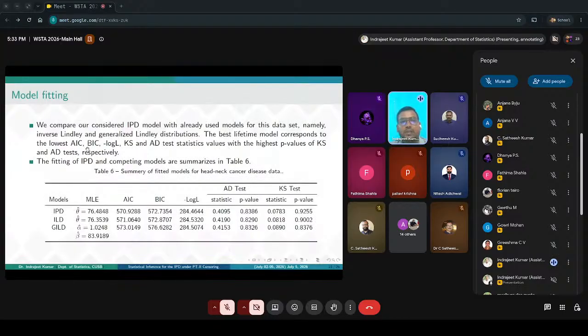We also checked some competing models with the IPD, and this table shows that the inverse Pareto distribution outperforms these two models, with the associated results.